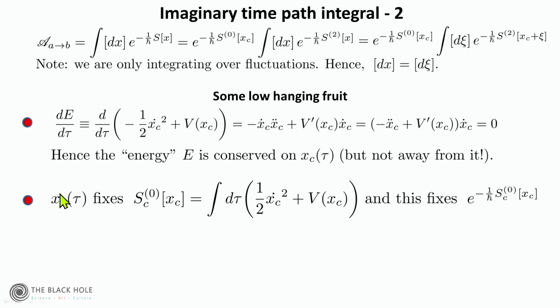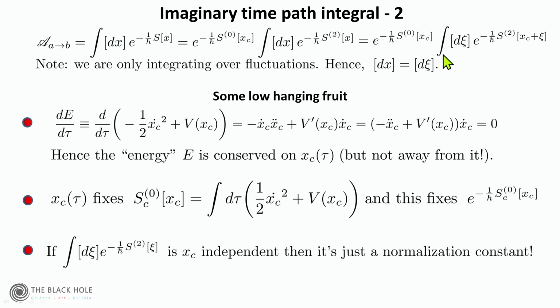Okay. Now, x classical is fixed, which means that the classical action is fixed. And that means that the classical amplitude is fixed as well. See, here is the amplitude which I had written from A to B. This had the classical amplitude, and this was the quantum stuff over here. So we know the classical stuff.